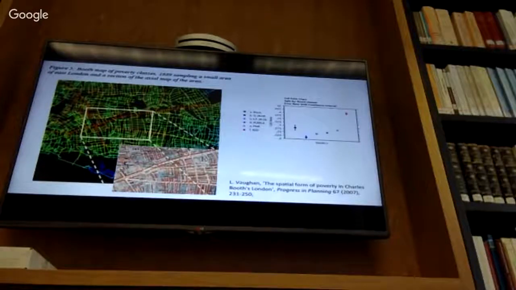Well, the basic point here, which you can run with for now, is that the coloured diagram there, against the black background, is a kind of network representation of 19th century London, and the redder the line, the more of a busy or a main street you might expect it to be, the more integrated that line is in the system, and the bluer it is, the more disconnected it is.